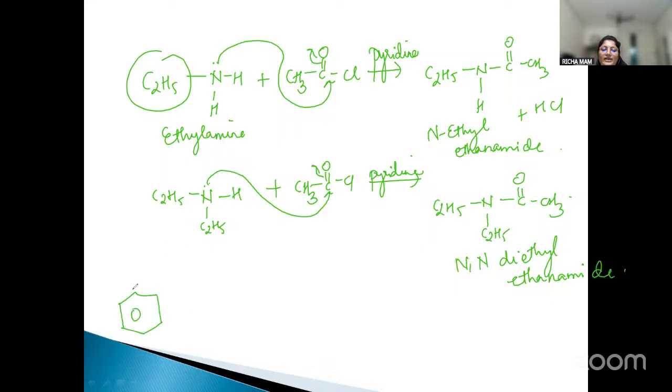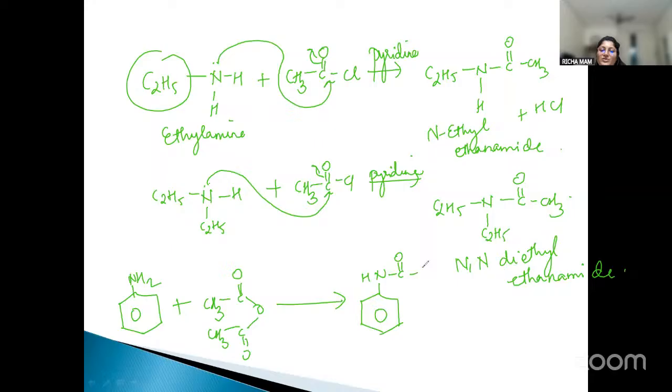Aniline. Take aniline. You can also react it with acetic anhydride. So let me take acetic anhydride. So what will be the reaction? So the hydrogen of this NH2 is getting replaced by NH, C double bond O, CH3.